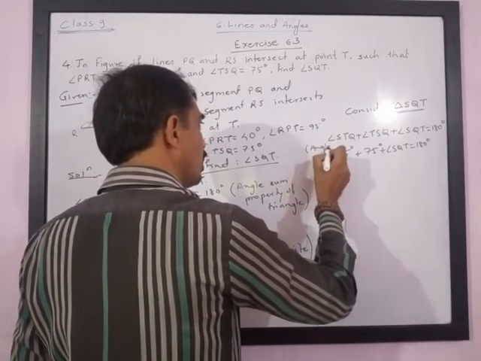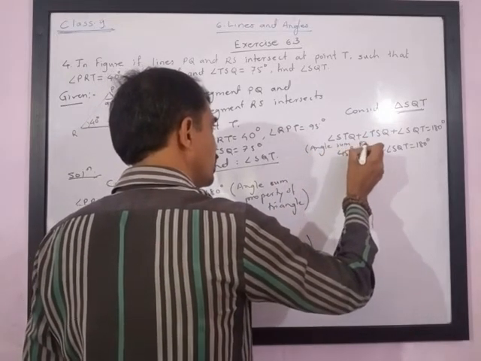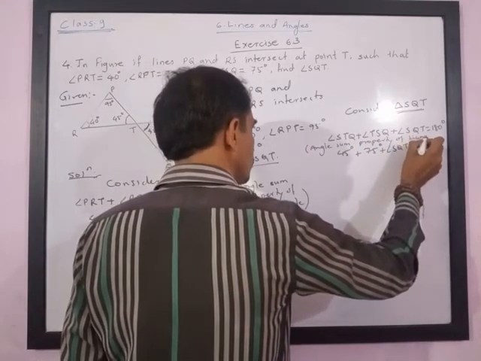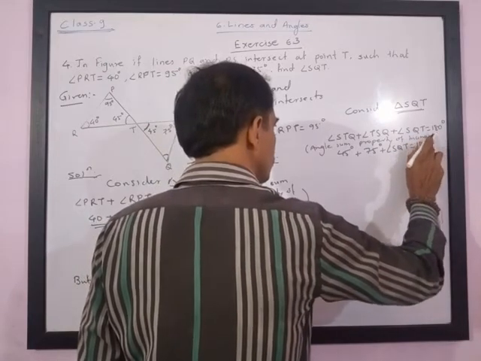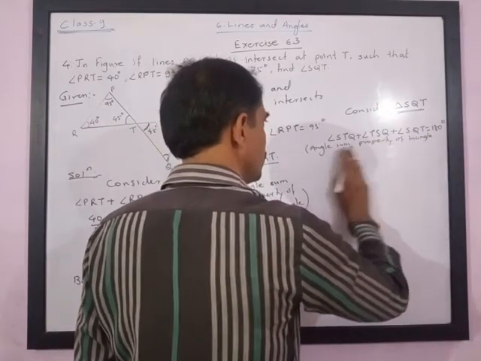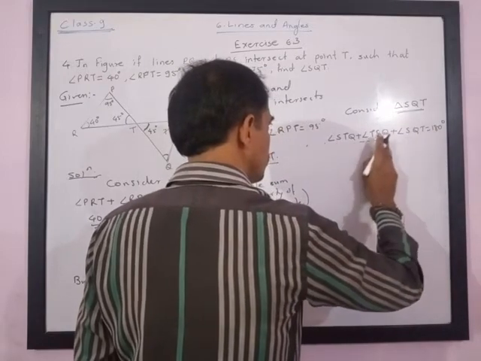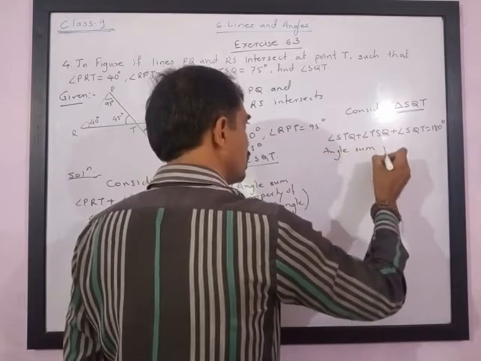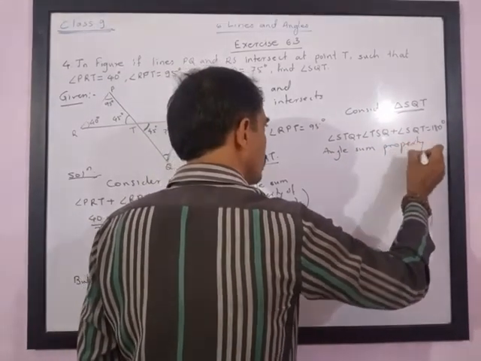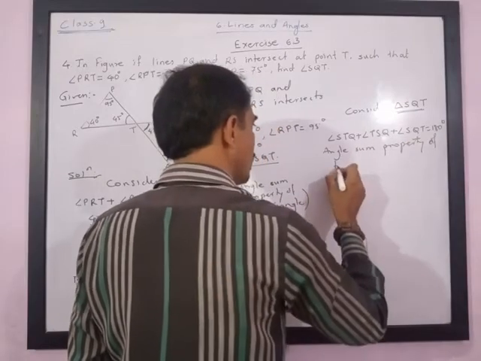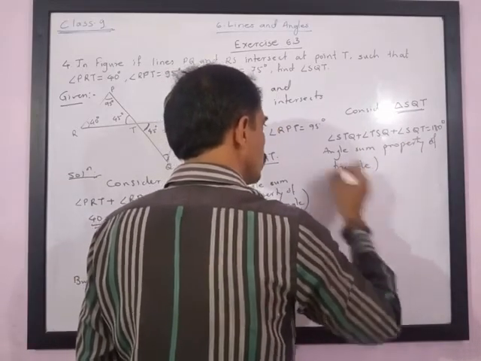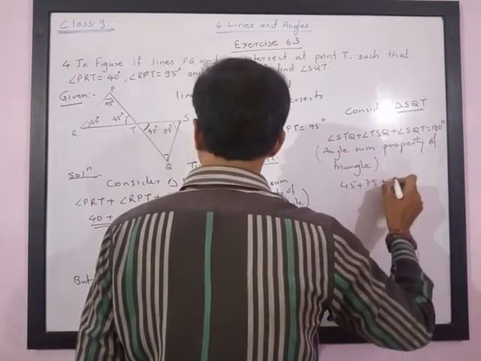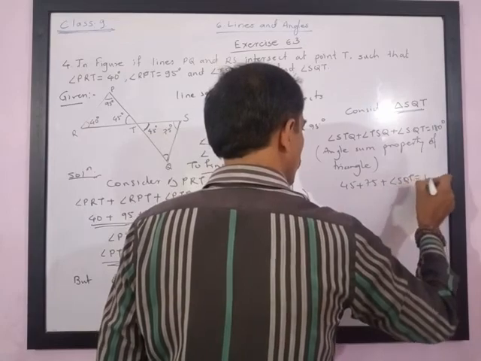Angle sum property of triangle. So after putting the values, you will get 45 plus 75 plus angle SQT is equal to 180 degrees.